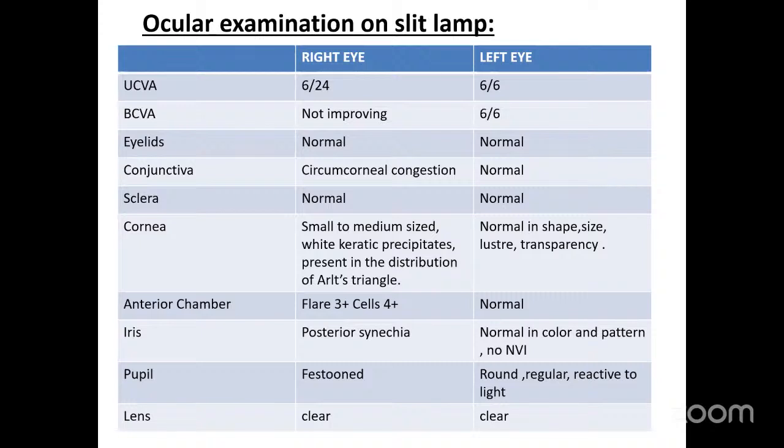Okay, what else? Any other feature to identify a complicated cataract? There might be some iris pigments over the anterior lens capsule. Okay, what else?